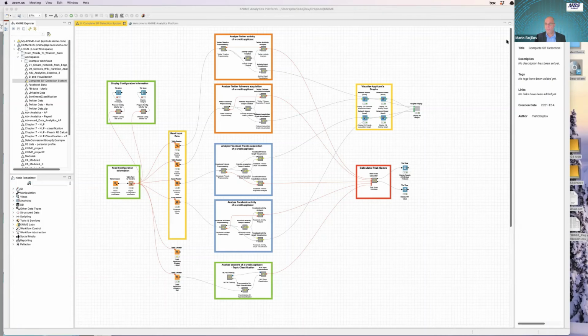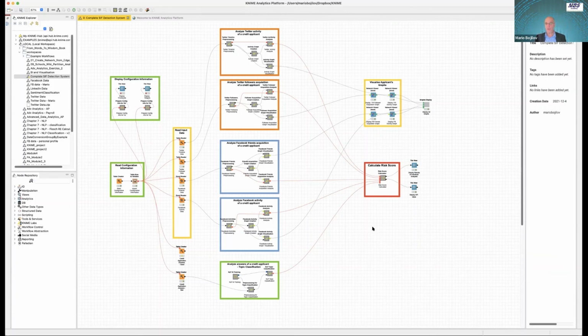So here is a system that is designed to identify identity fraud based on the social media presence of people, and also on the way they answer questionnaires online.